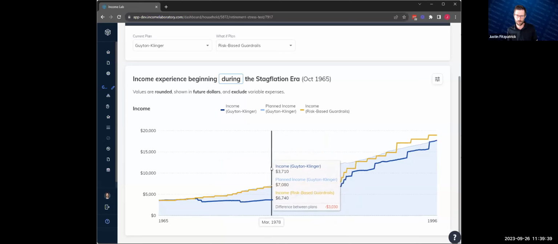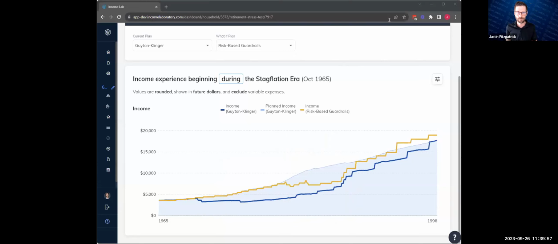So that might give you a better feel for what that would have felt like. It would have felt like your spendable withdrawals were just stagnating as things got more and more expensive. So that's what belt tightening would have looked like. And I think that's a pretty interesting bit of context.